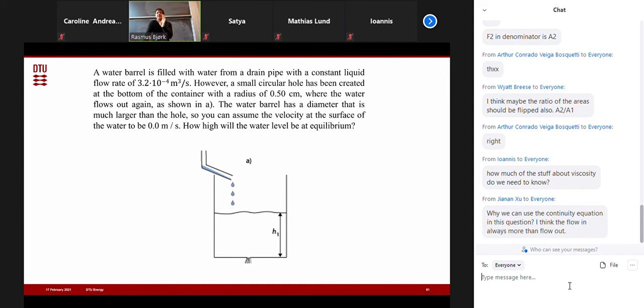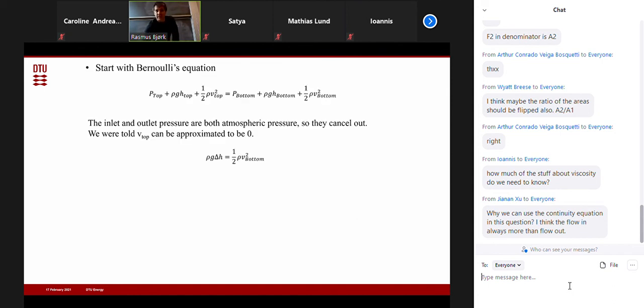Basically, you're going to reach an equilibrium. So as you keep building up the height of the water level, you're going to increase the velocity coming out of the bottom. And we actually saw that right here.